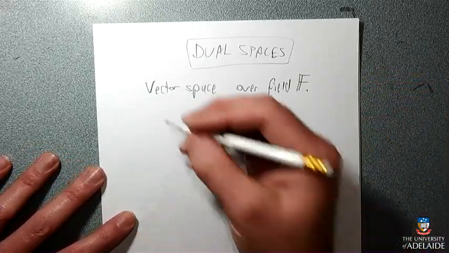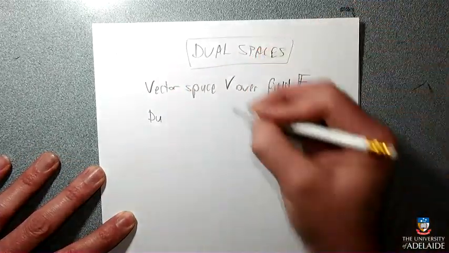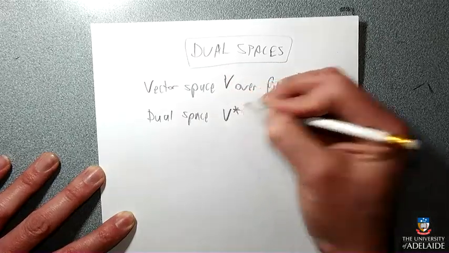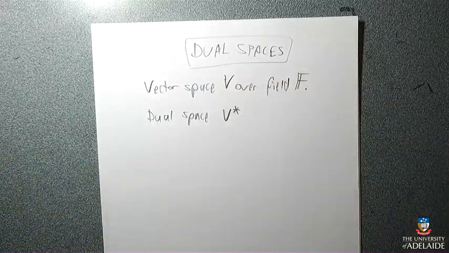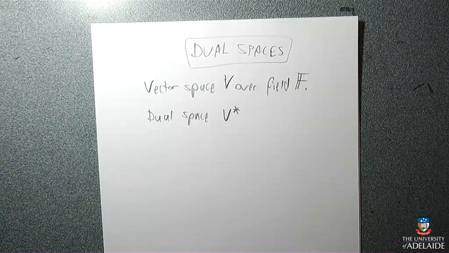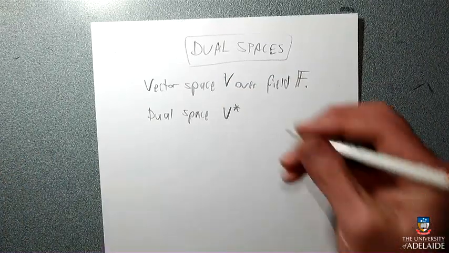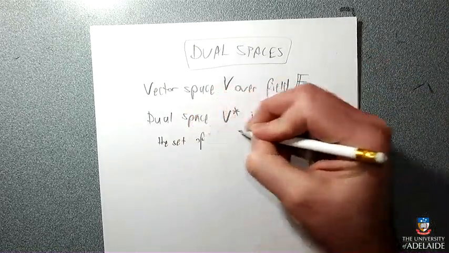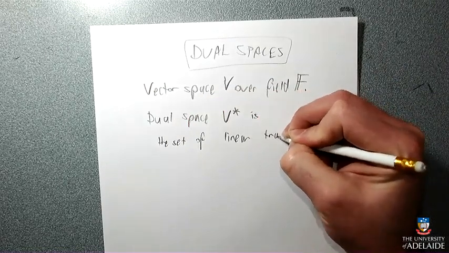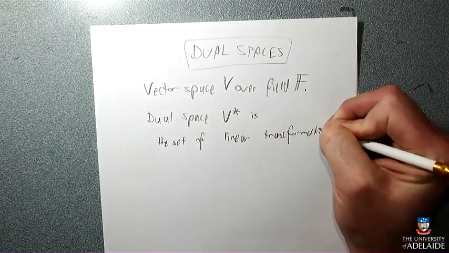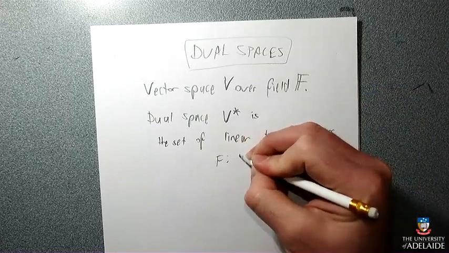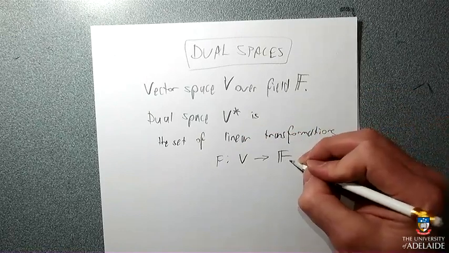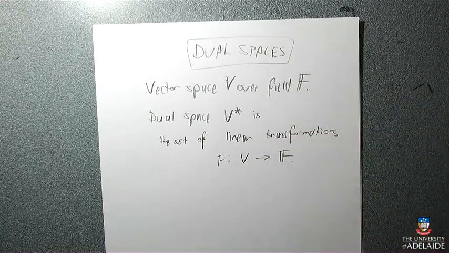And I reckon the dual space, let's call it V, is called V star. That sounds familiar to me. Tell me if I'm doing okay. So the dual space V star is linear transformations like F which sends V into its own field. Something like that? Yeah. Okay.